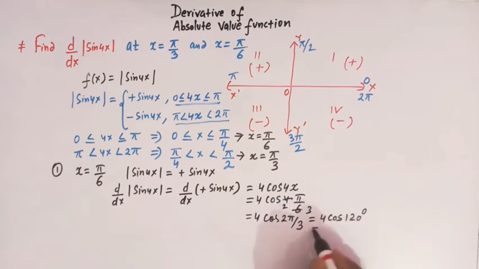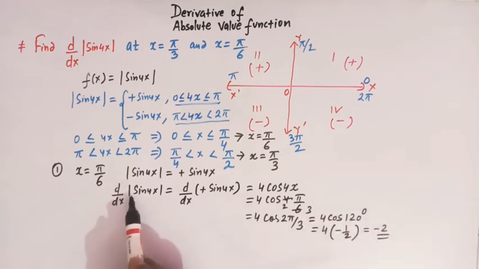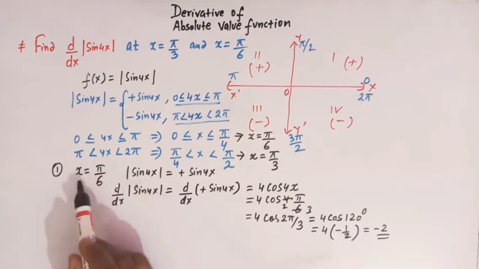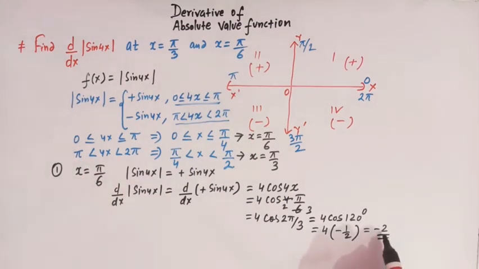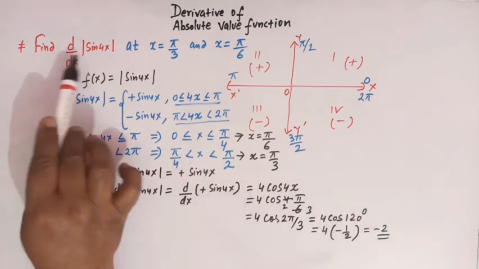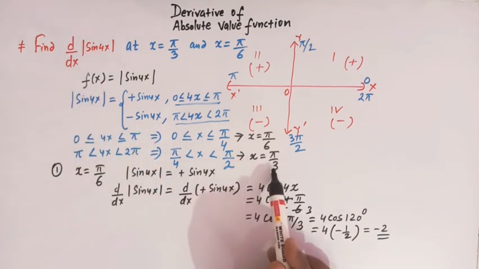We know that the value of cos 120 degrees or 2 pi by 3 is minus half, so this is minus 2. So the derivative of mod sin 4x at x is equal to pi by 6 is equal to minus 2. Now let us calculate the derivative of mod sin 4x at x is equal to pi by 3.